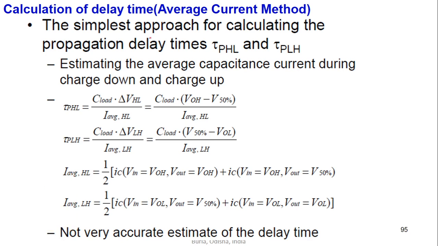So for this case, tau PLH can be written as C load into delta VLH, which is this difference, that is V50% minus VOL.